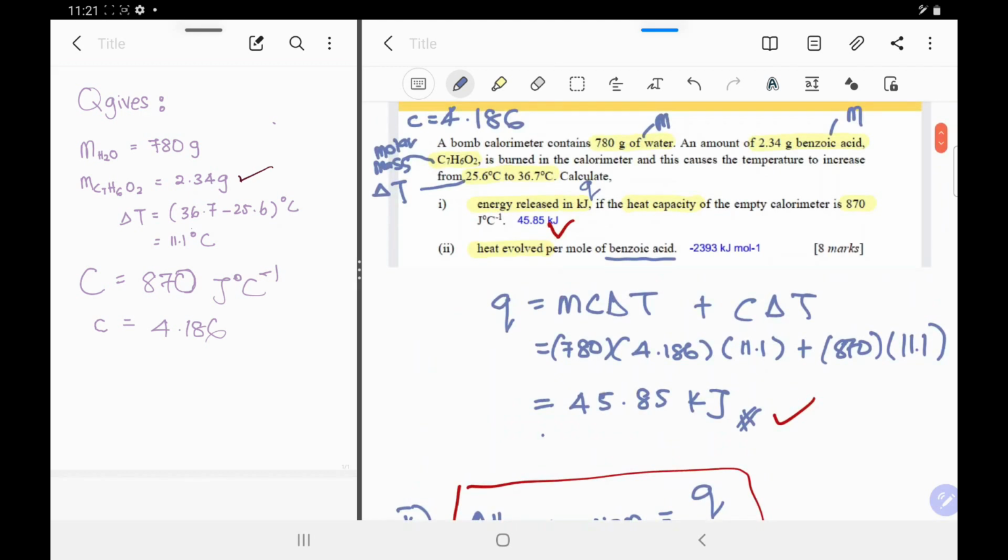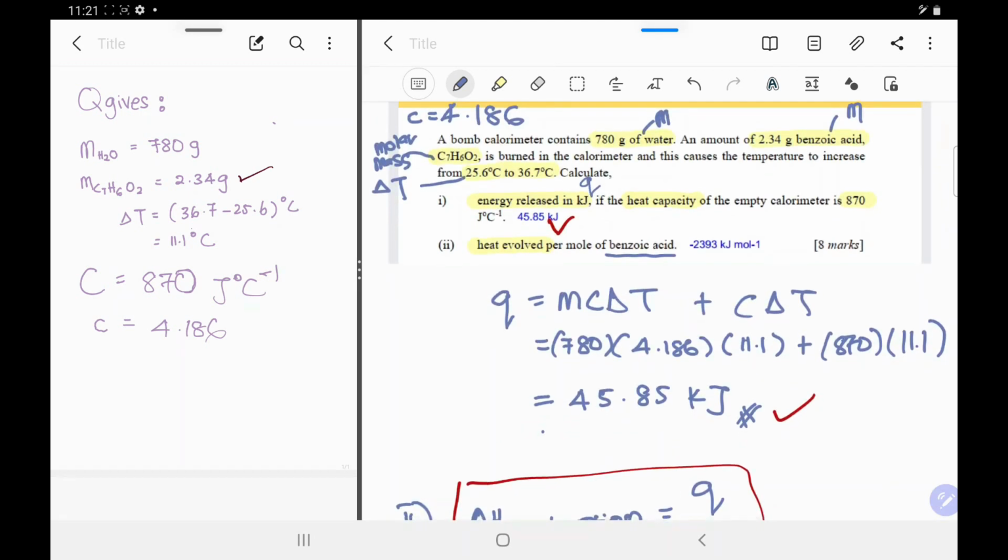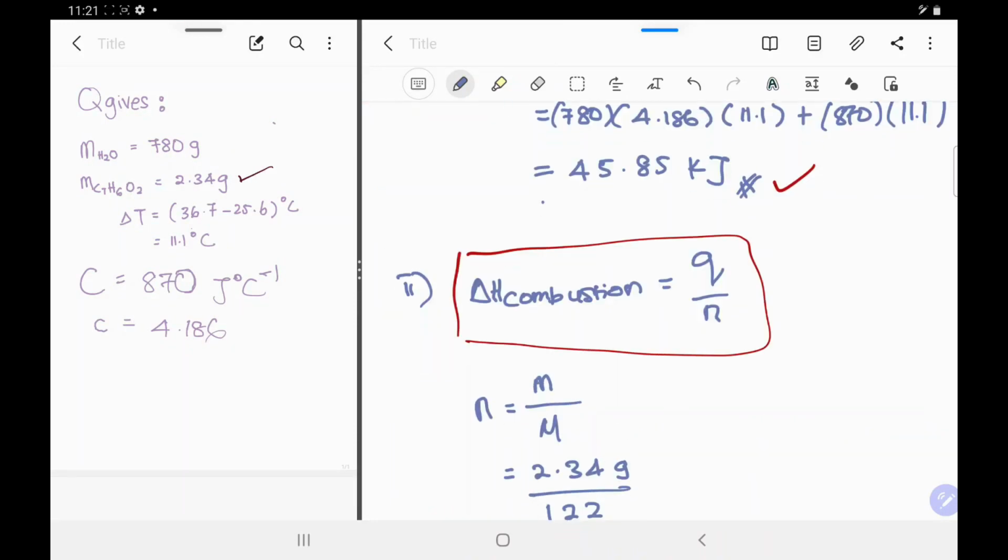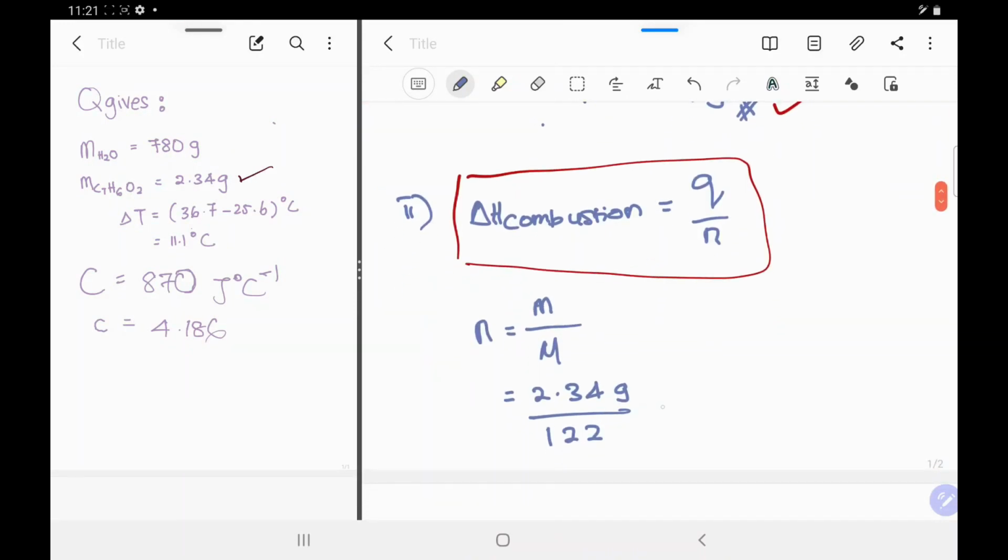Is it right? Alright, so we're gonna get n equals 0.01908 mole of benzoic acid.